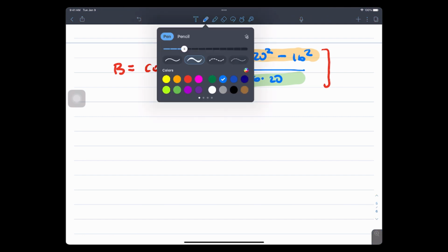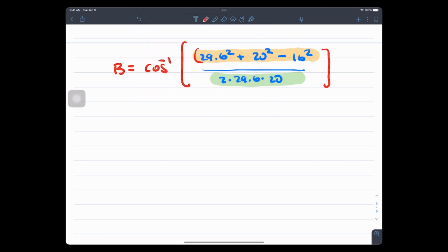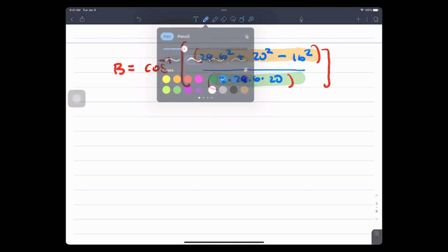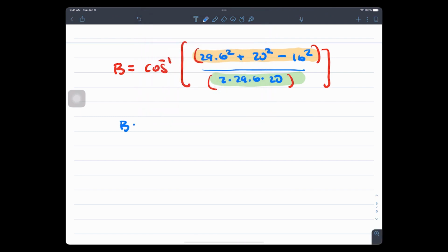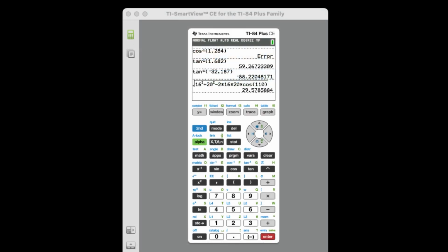Just simply use, again, our parentheses. And of course, B is an angle, so we're going to approximate this today to the nearest tenth. So let's punch that in the TI, and we're going to get the answer for angle B.